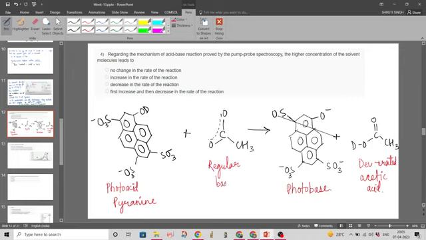Acetate ion is the regular base. Okay, so this was the reaction which was discussed, and it was done by Nibbering's group.